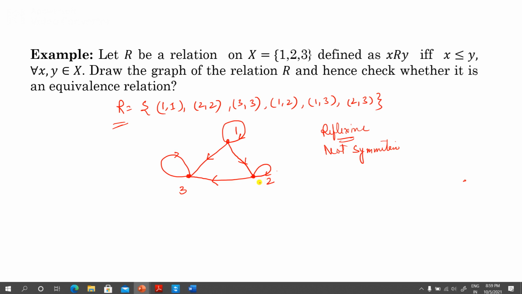Now you can check: there is an edge from 1 to 2 and 2 to 3, and there is an edge from 1 to 3. So this satisfies the transitive rule. That is, for the edges (1, 2) and (2, 3), there is an edge between 1 and 3. Only this possibility is there. That's why this relation is transitive.